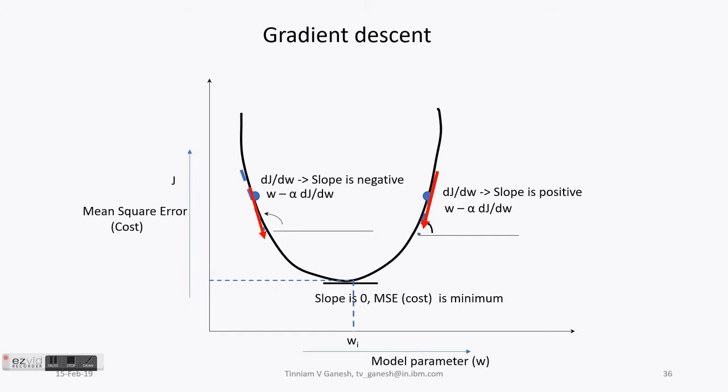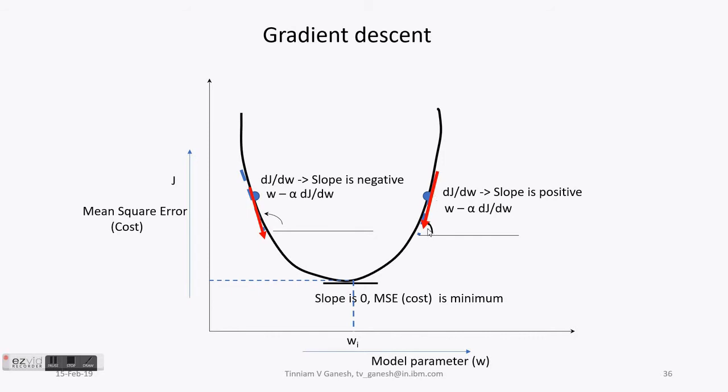And how do we compute the value of the weight which will result in the lowest mean square error, or the lowest cost, or the best fitting line? It is a technique known as gradient descent. So what we do in gradient descent is, we cannot solve this equation directly, so we start at some arbitrary point on this curve, and at that point we find the slope.